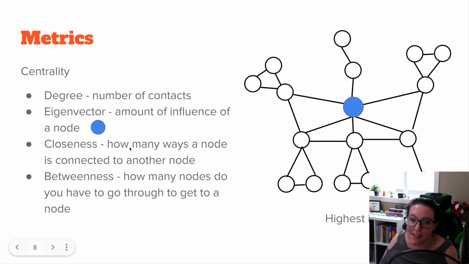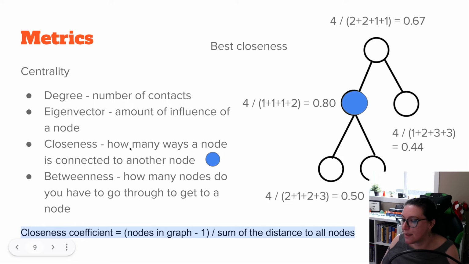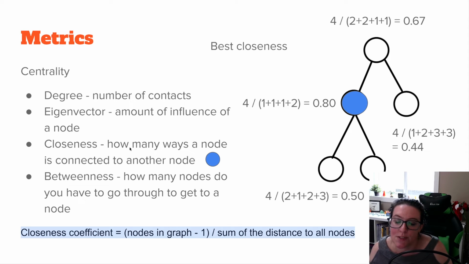Then we have closeness. Closeness is how many ways a node is connected to another node. So to find our closeness coefficient or our closeness score, we take the number of nodes in the graph, which in this example here is 5, and we subtract 1 from that. And then we divide by the sum of the distance to all the nodes. So we're finding how many ways a node is connected to other nodes.